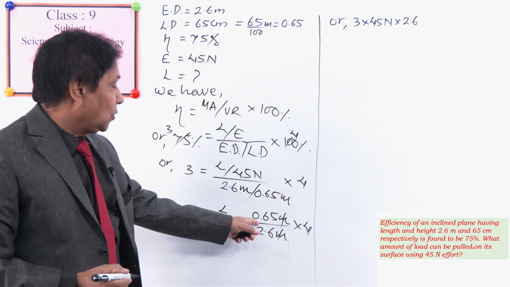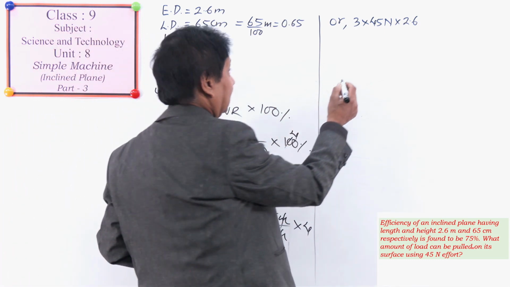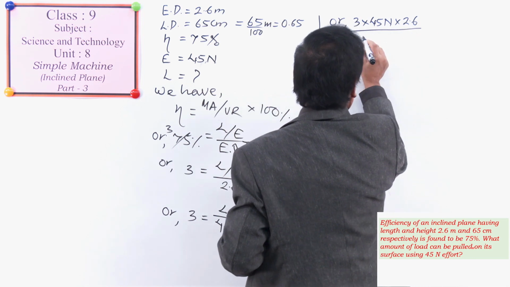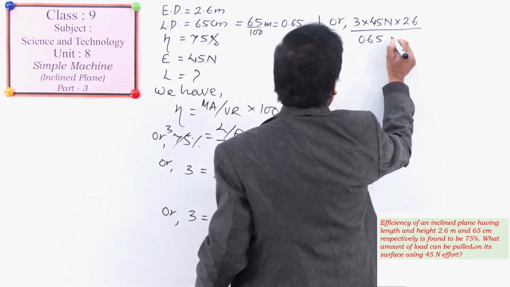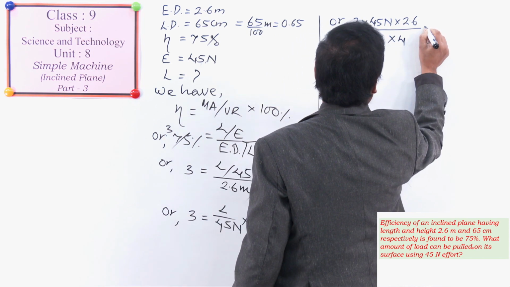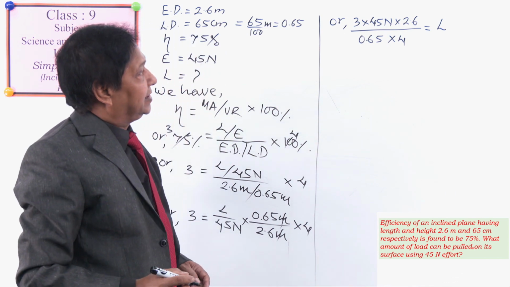Now only 0.65 and 4 is left on the right hand side. 0.65 goes down and 4 also goes down in the denominator, and this is equal to what? Load. Load is taken on the right hand side.